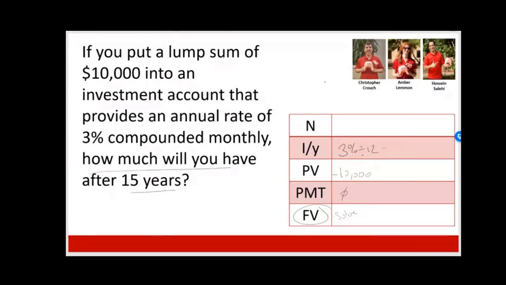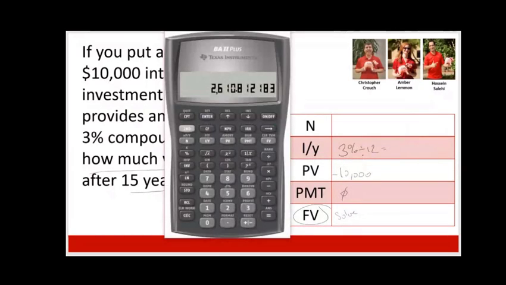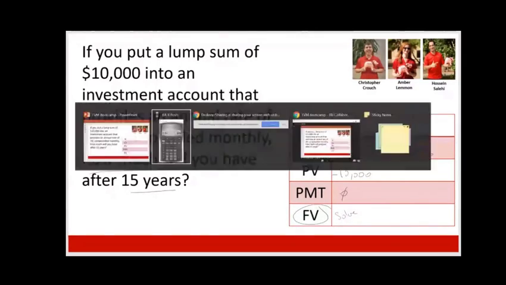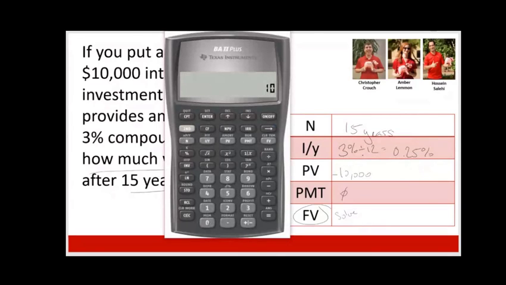So I'll do my calculator real quick and I can figure out what that is. 0.25. And N would be 15 if it's 15 years. And this is where I'm having problems because I can't seem to get the values to set on my calculator. But I'll go ahead and give this a try.